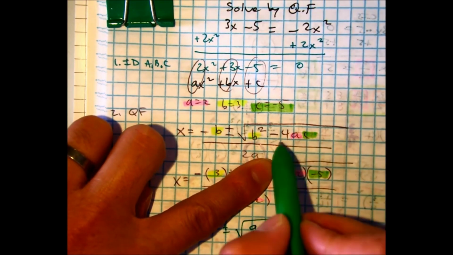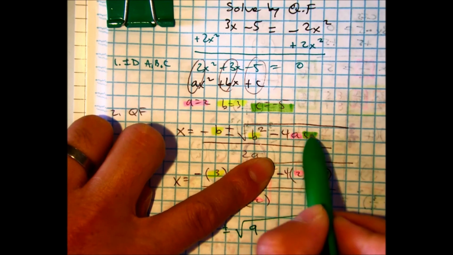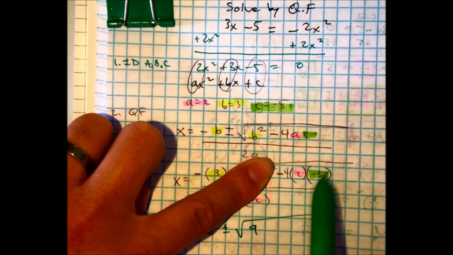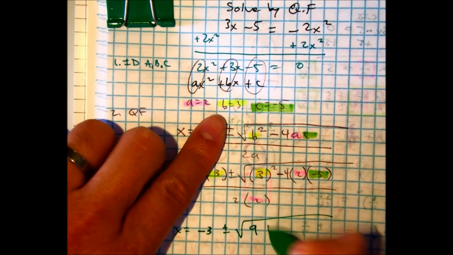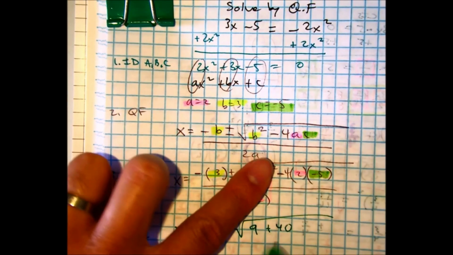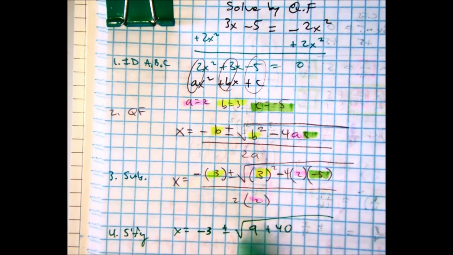I'm going to do -4 times A times C. So -4 times 2 is what? And -8 times -5 is positive 40, plus 40. Just how I use my finger, and just whatever math operation you have, just write that number, okay? Over 4.